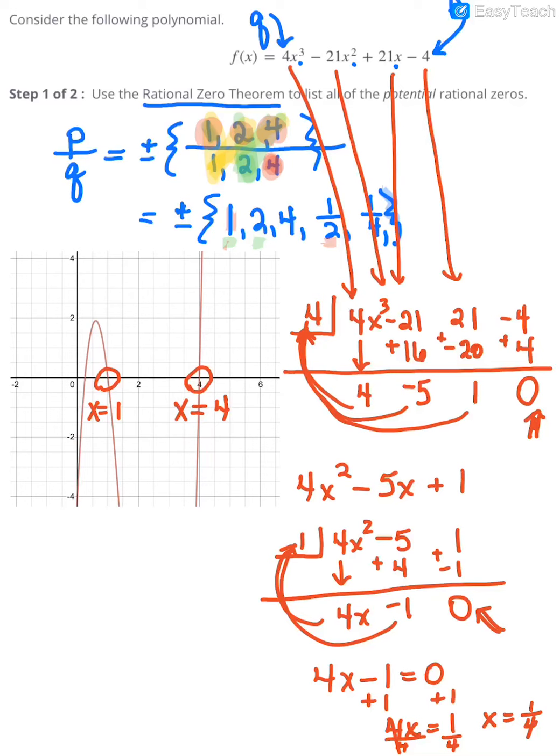And that's what we're seeing over here, where the graph is crossing right there. Also notice if we go back to our list, in our list we did have a positive 1, we did have a positive 4, and we also had a positive 1/4. So as long as they're rational, they will appear in that list.